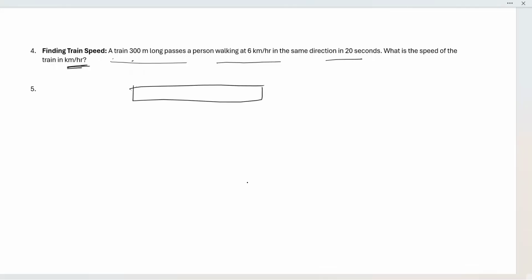Let this be the train. This is 300 meters. Let this travel at S meter per second. Okay. And let the man is over here.